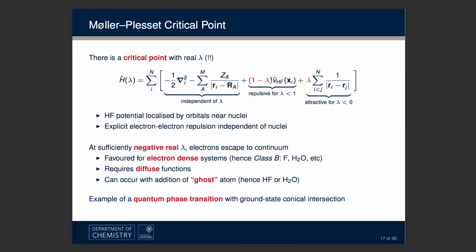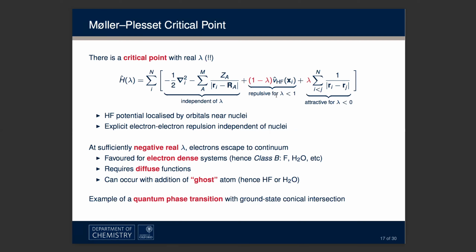And then we have this repulsive interaction where we have the Hartree-Fock potential, and we're removing it as we increase lambda. And sorry, this is repulsive when lambda is less than 1. And then we have the two-electron interaction, which is simply the two-electron term multiplied by lambda. And this is being increased as we turn lambda on. And yeah, this is repulsive when lambda is greater than 0 and attractive when lambda is less than 0.